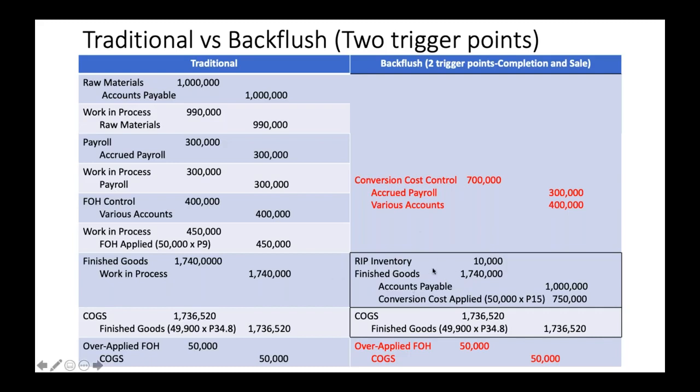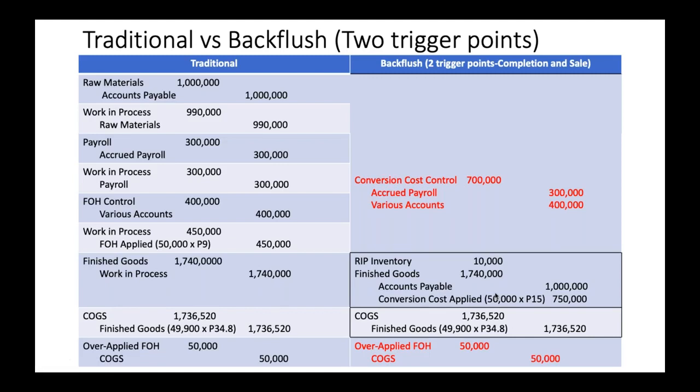So debit finished goods, 50,000 at 34.8, and then accounts payable is 1 million.